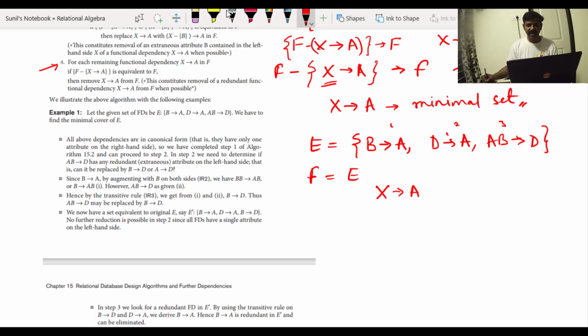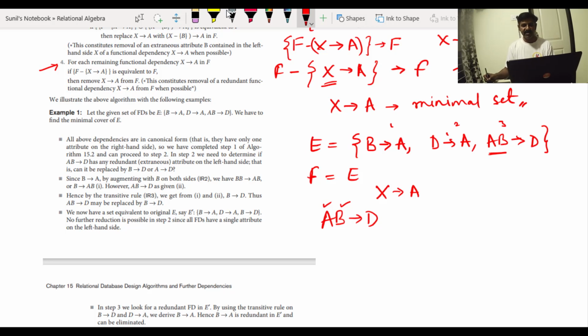Now you have to choose the FD which has more than one attribute on the X side, that is AB arrow D. We don't know whether A is essential or B is essential. We have to eliminate one of these. If we can do that, then we will have a minimal functional dependency set.